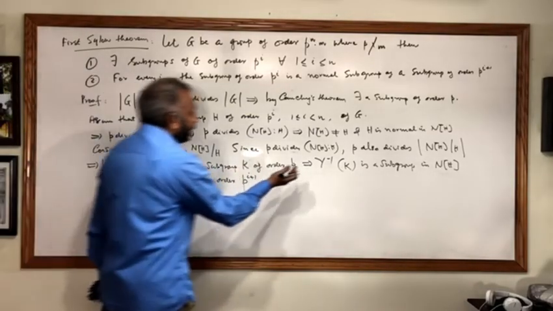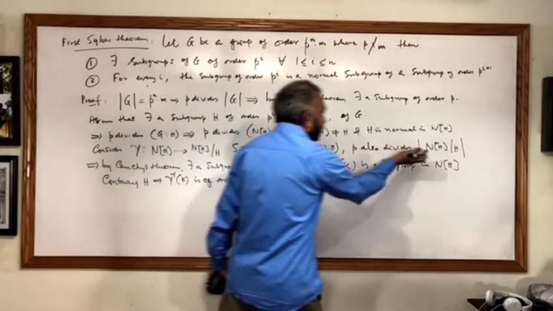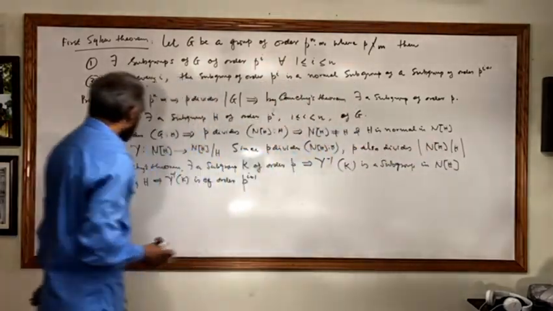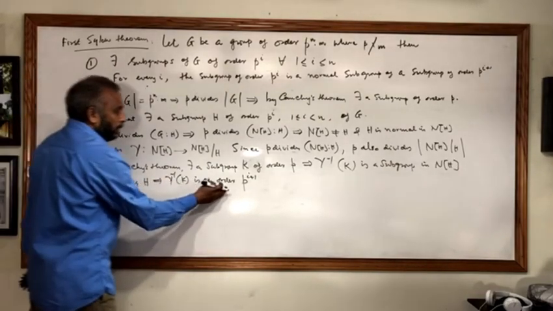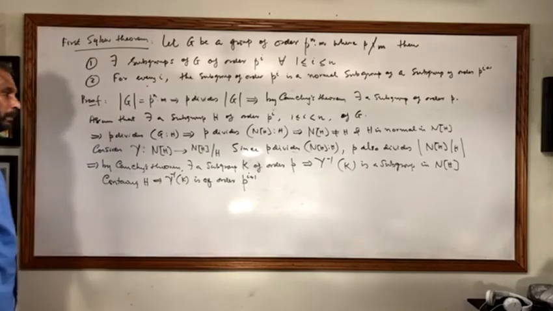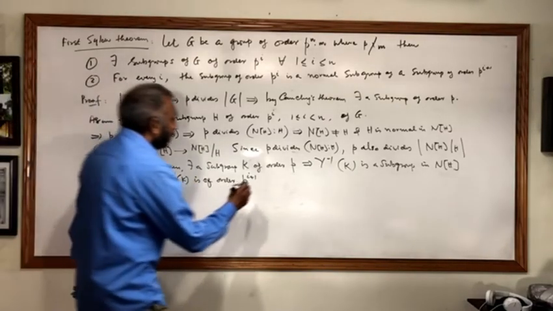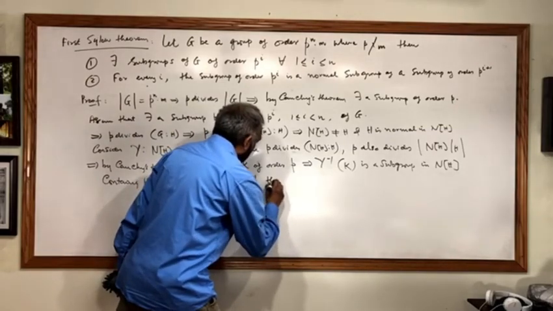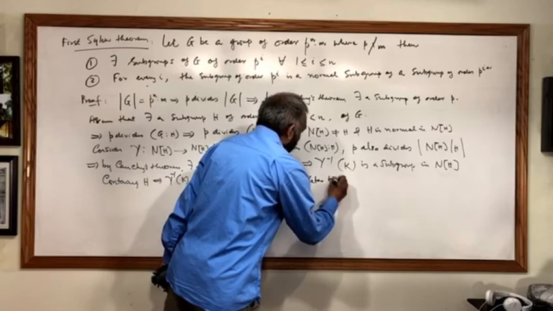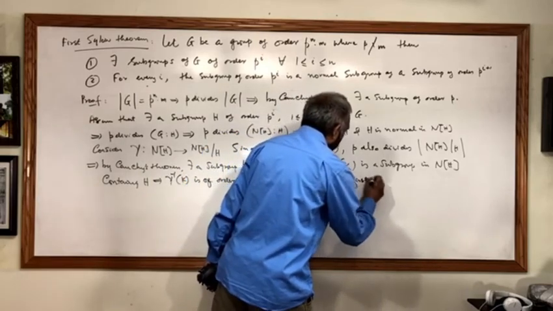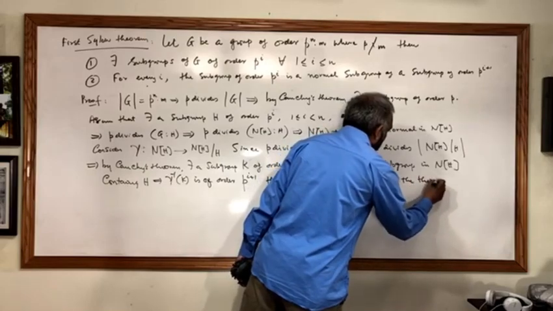Because p divides this index, or p divides this factor group, gamma inverse of K has to be of order p to the power of i plus 1. And that completes the first part of the theorem.